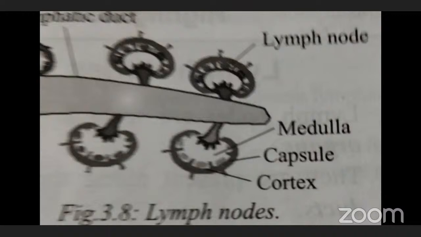Human lymph nodes are bean shaped. That is an important NEET question. The human lymph nodes are bean shaped, about 1.25 mm in diameter.